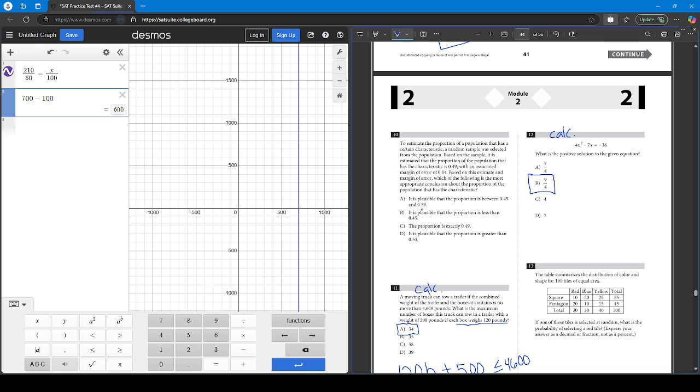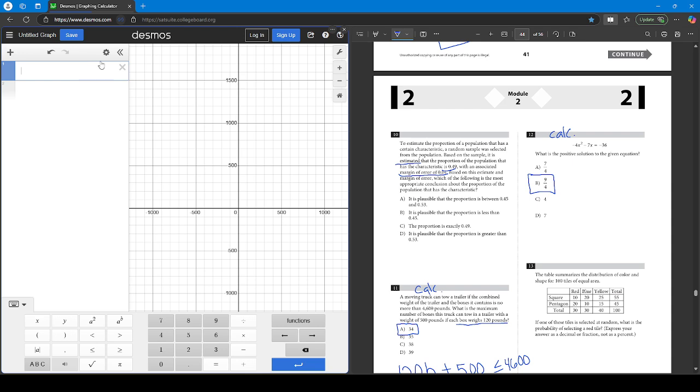It is plausible that the proportion is between 0.45 and 0.53 because the estimate is 0.49 with a margin of error of plus or minus 0.04. If you take 0.49 plus 0.04, you get 0.53. If you minus, you get 0.45. So yes, it is plausible.